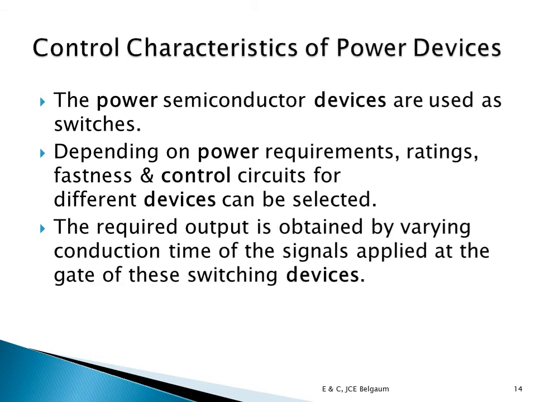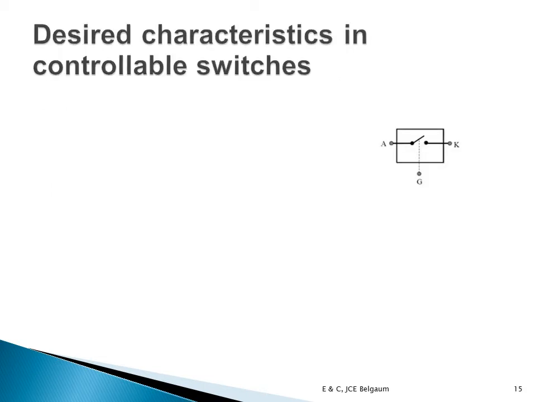The required output is obtained by varying the conduction time of the signals applied at the gate of these switching devices. Whatever the load condition requirement is, if the load requires DC or it requires AC, I should be able to control and get the required output using these devices as a controlling element.